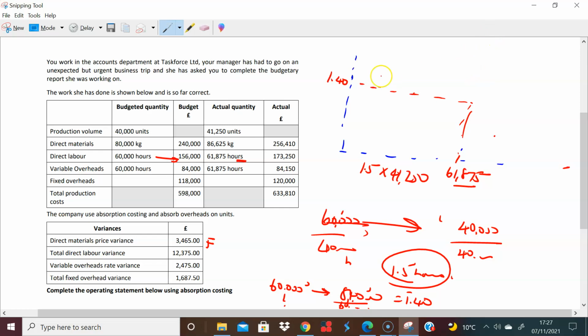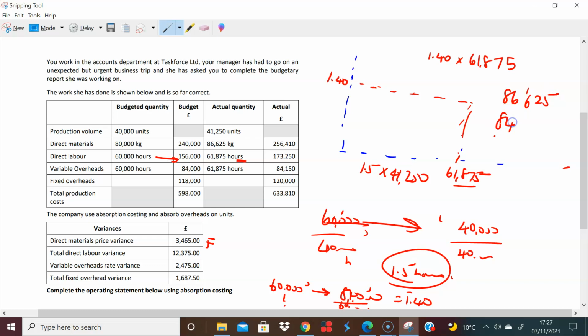So you should have spent £1.40 times 61,875 hours. That's what you should have spent. So that's 1.4 times 61,875, and that's 86,625. You should have spent 86,625.